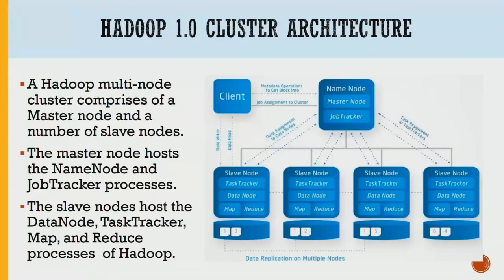The first thing to understand is that a master node runs two main processes, the name node and the job tracker. The main function of the name node is to manage the index, or the metadata, about how my files are replicated on the Hadoop distributed file system, and what their location is.